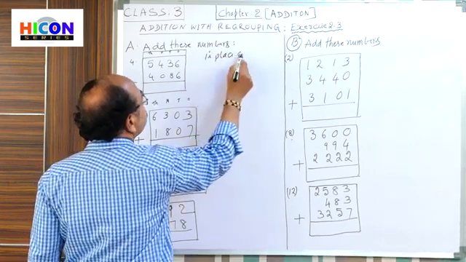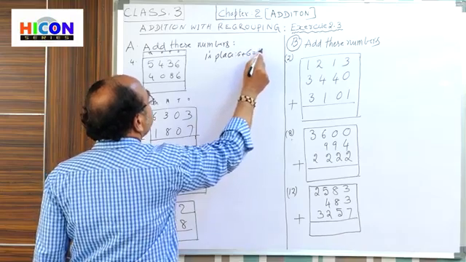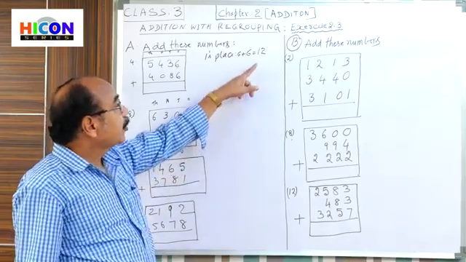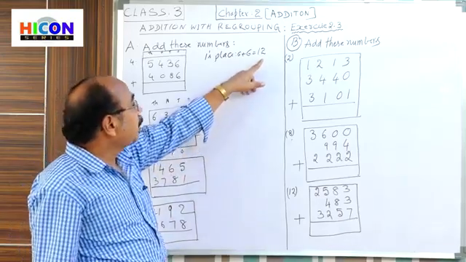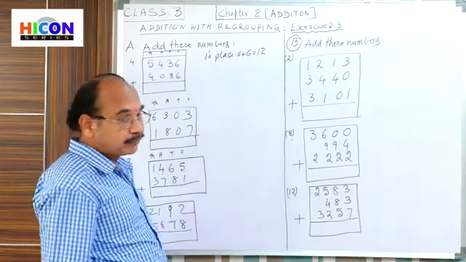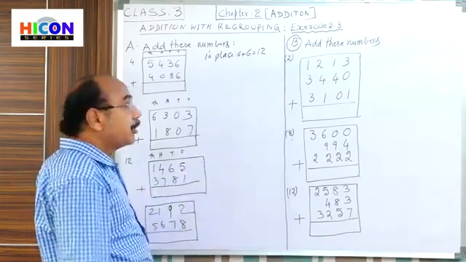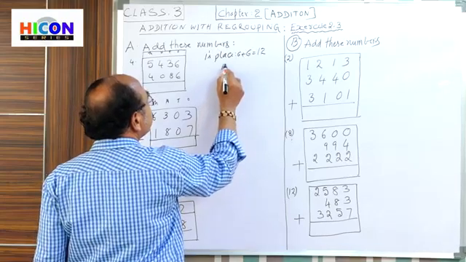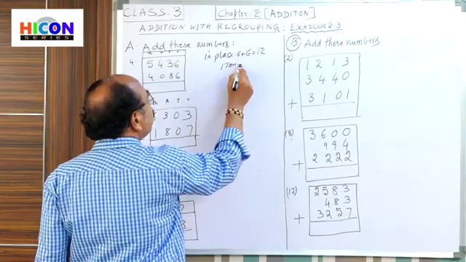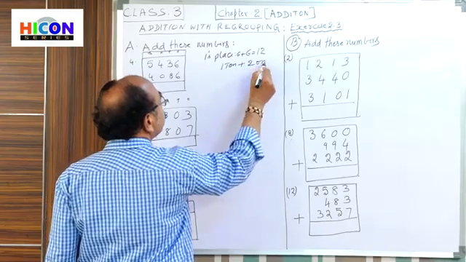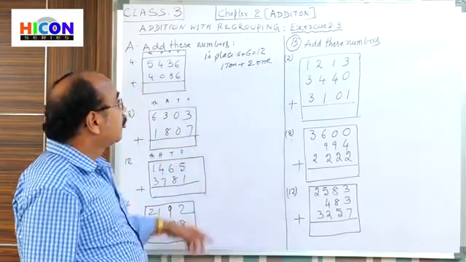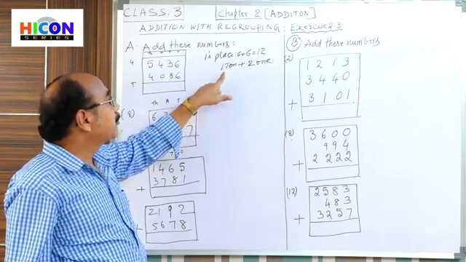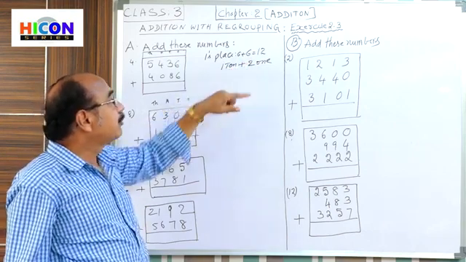6 plus 6 is equal to 12. That means totally how many ones? 12 ones. That means 10 ones plus 2 ones. 12 means 10 plus 2.